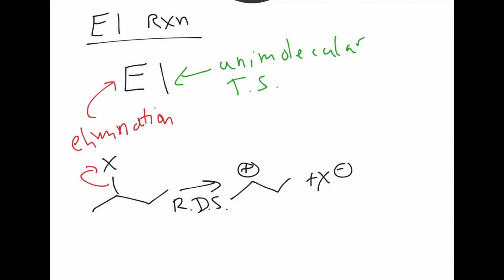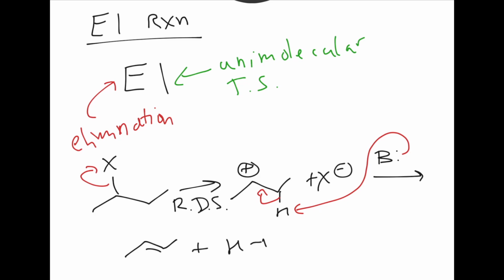Then your base is able to come in, grab a hydrogen, push electrons up, and make your double bond. But your base is only able to come in after you make your carbocation. Because this mechanism goes through a carbocation, you have to worry about rearrangements.